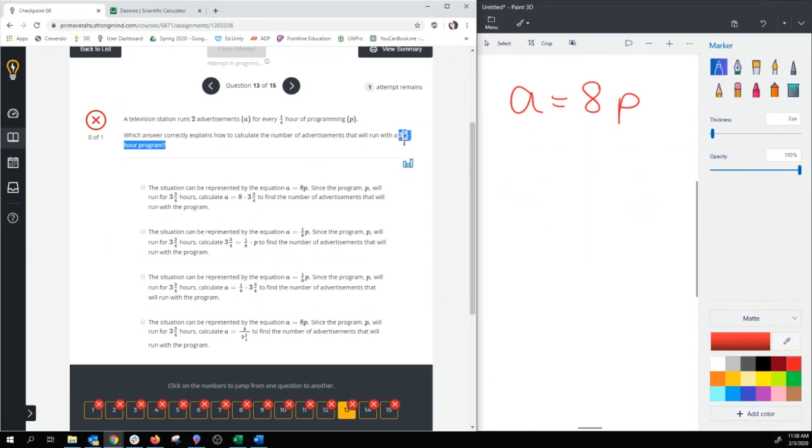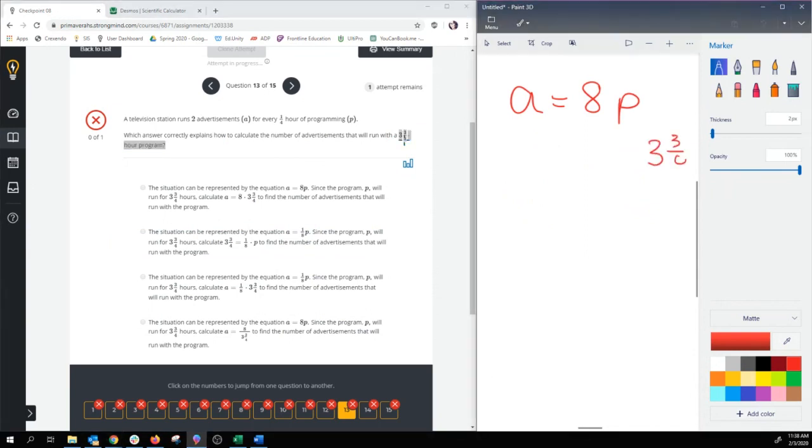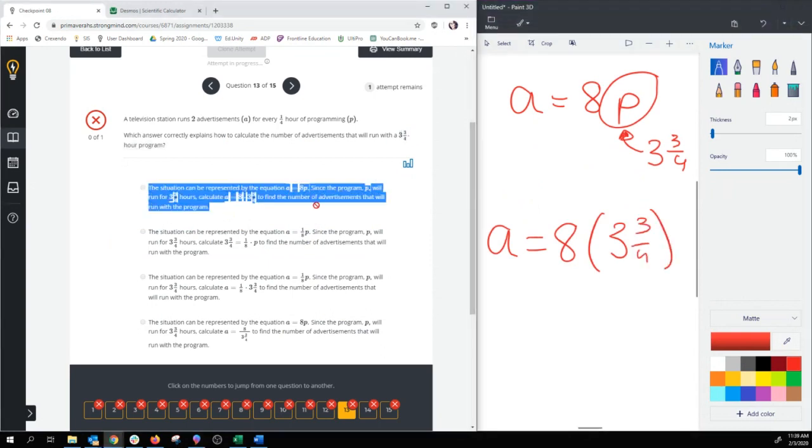Which means that 3 3/4 is going to be plugged in for p, because that is how long my program is. So to figure out how many advertisements, I would have 8 times 3 3/4. So I want to pick this one here, the one that says A equals 8p, and then where we have 8 times 3 3/4. So that was a lot that happened relatively quickly.